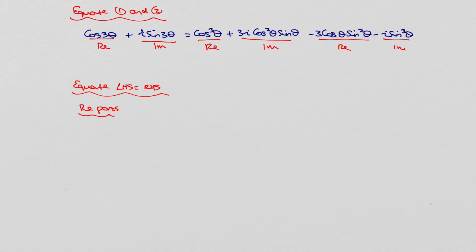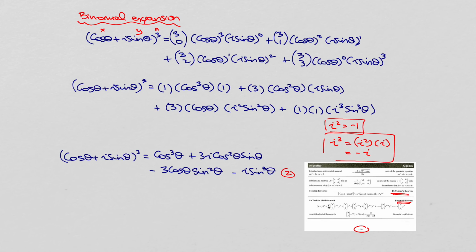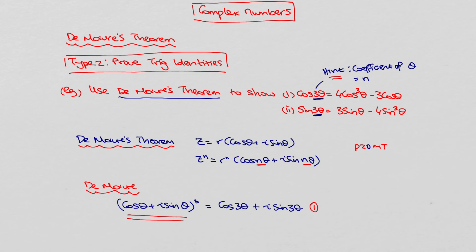So if we look at the real parts, that gives me cos 3 theta equals cos cubed theta minus 3 cos theta sine squared theta. But if we go back to the start of the question, that's not what I'm looking to show. I'm looking for 4 cos cubed theta minus 3 cos theta.